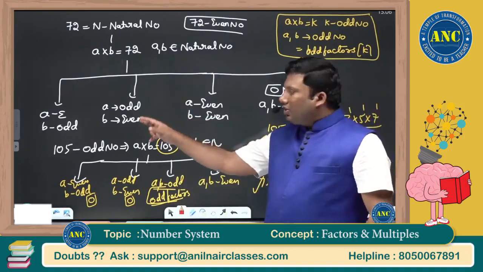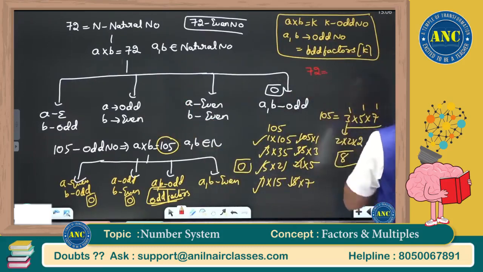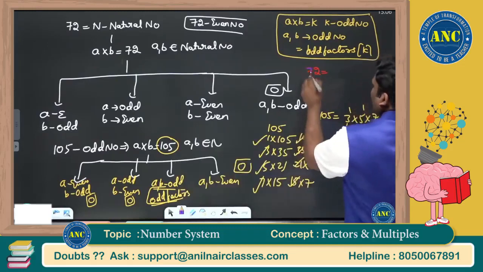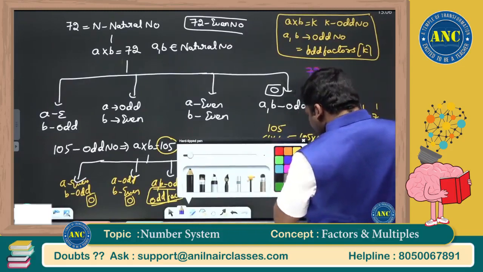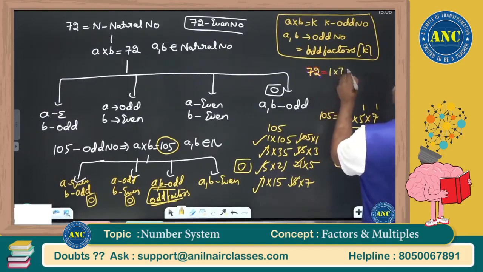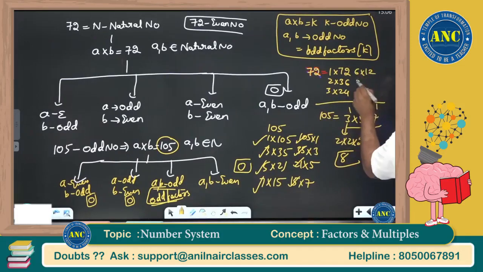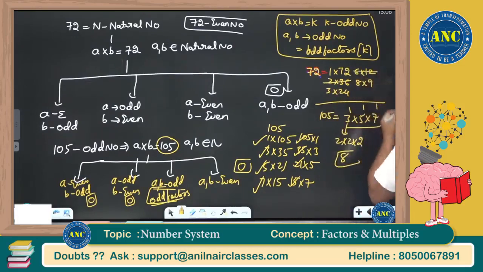Even into even, odd into even, even into odd. 72 can be written as 1 into 72, 2 into 36, 3 into 24, 6 into 12, 8 into 9, and reverse. Now see here, even into even, this case.